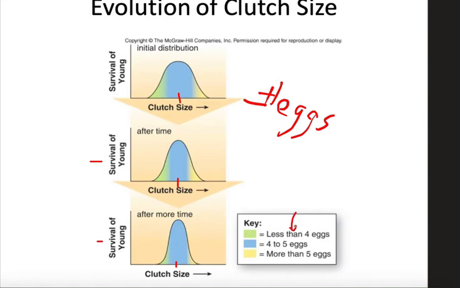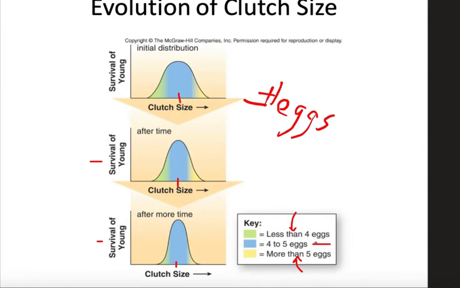So the idea being that if they have too few eggs and a couple of chicks die, then they're losing a high percentage of their offspring. But if they have too many eggs, they probably can't feed all those chicks, and so a couple of chicks are likely to die also.